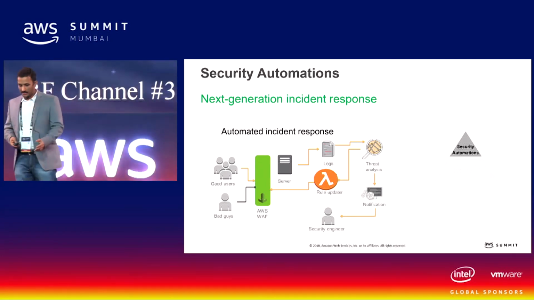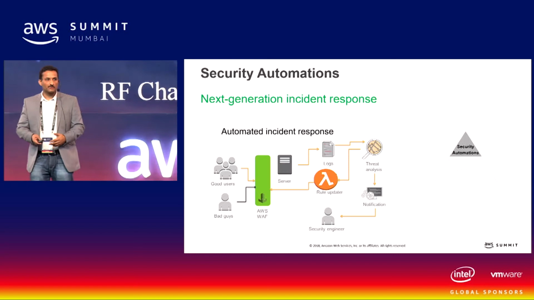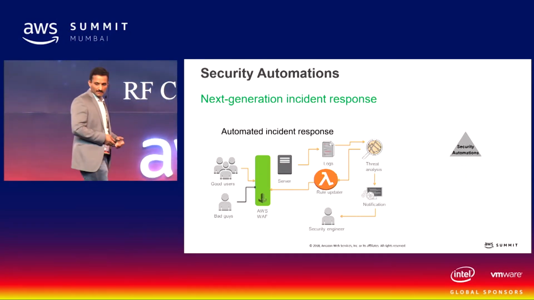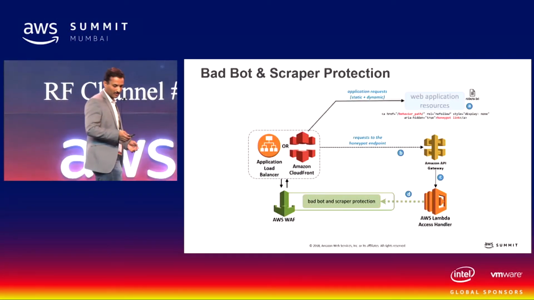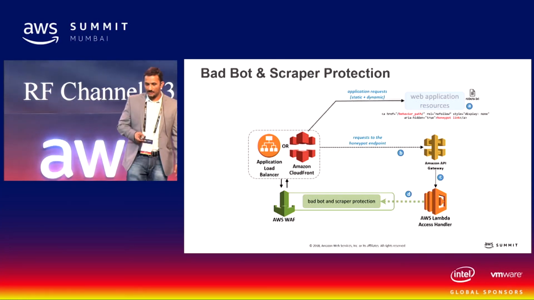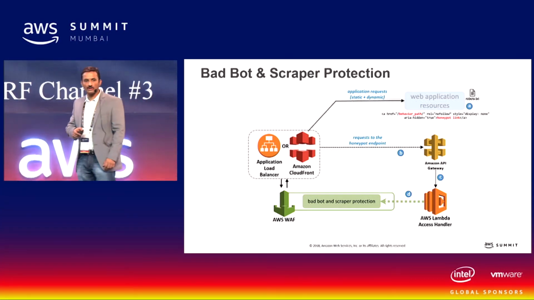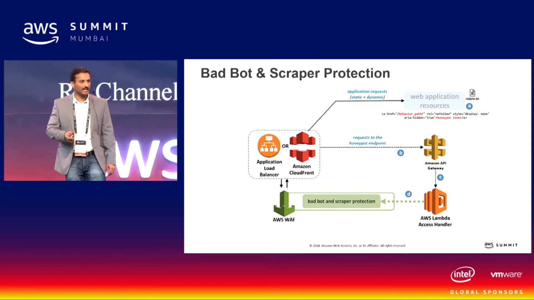So now there is one more service from AWS which actually gives you threat detection. Or before that, let's talk about one more automated way of mitigating threats, against bad bots, right?